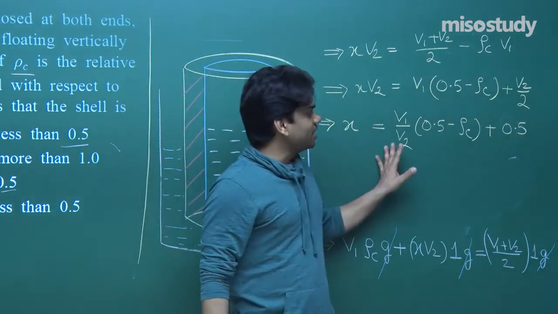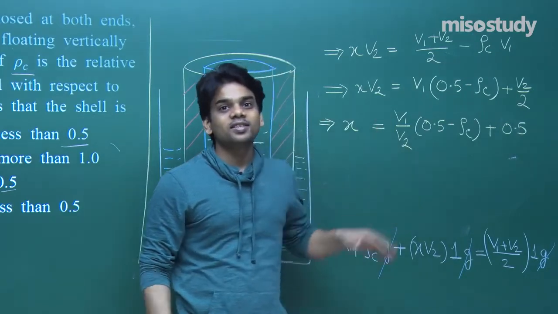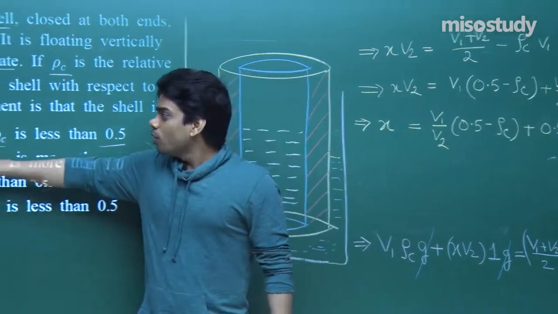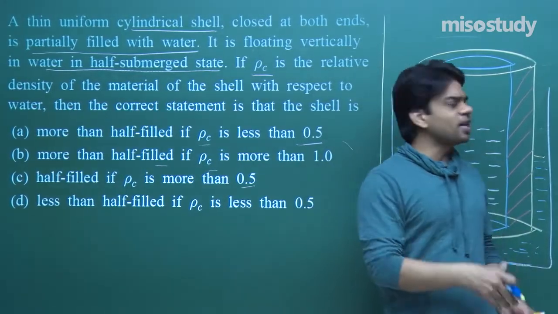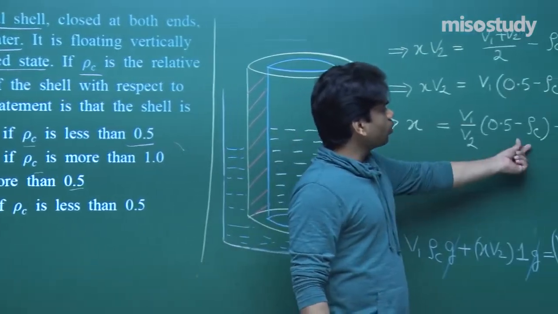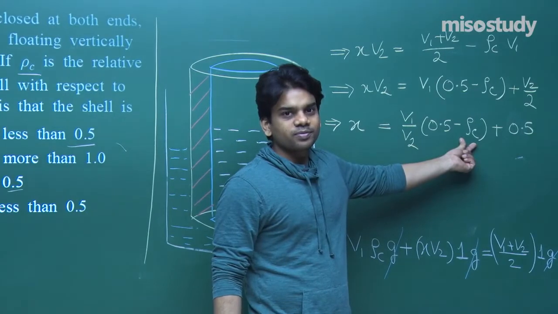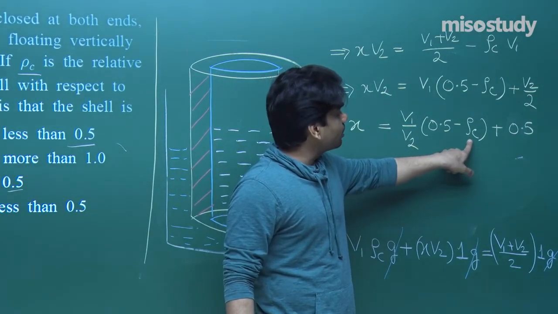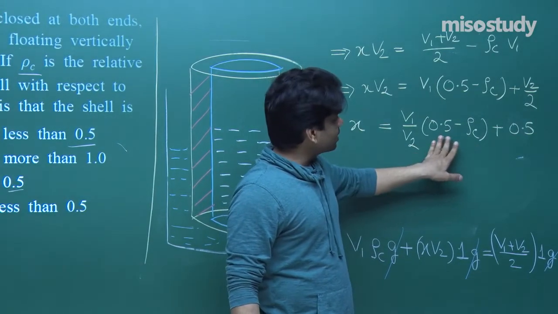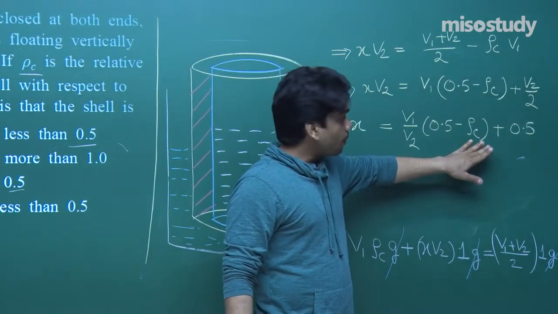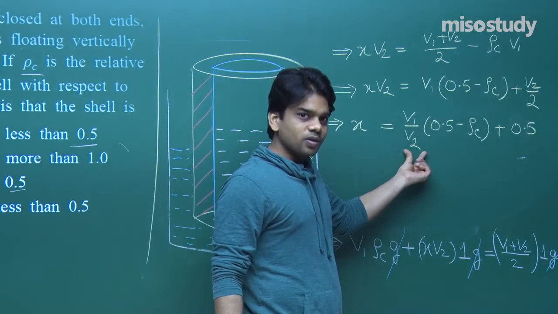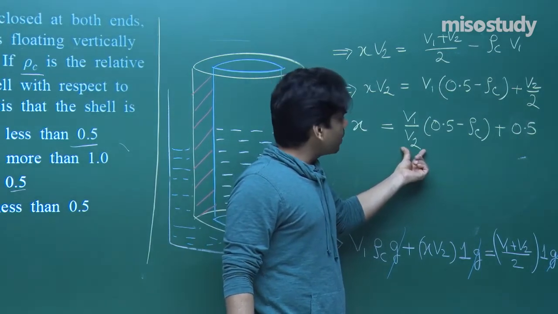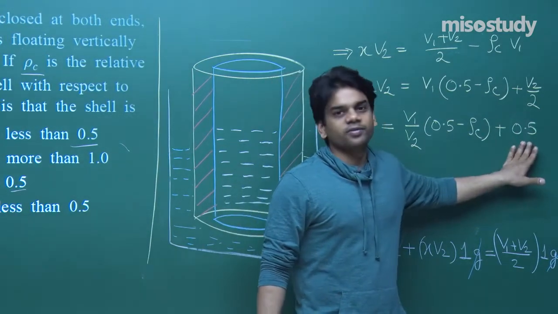Now you just see the first option. It's more than half filled if rho c is less than 0.5. If rho c is less than 0.5, you'll be getting this term (0.5 minus rho c) as positive. A positive term multiplied by a positive value gives a positive number, plus 0.5.